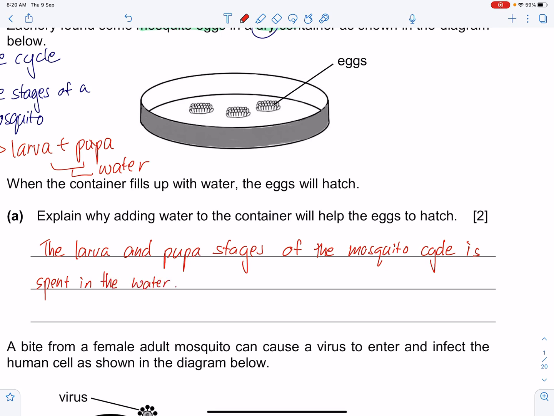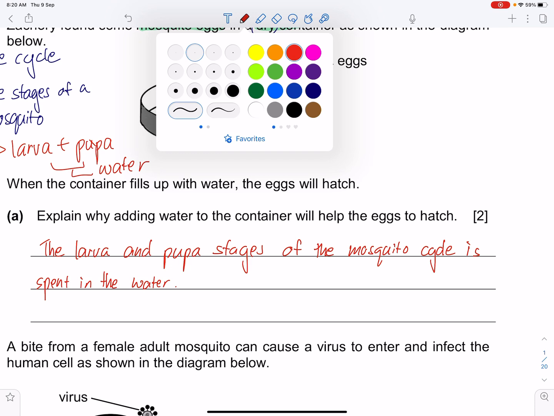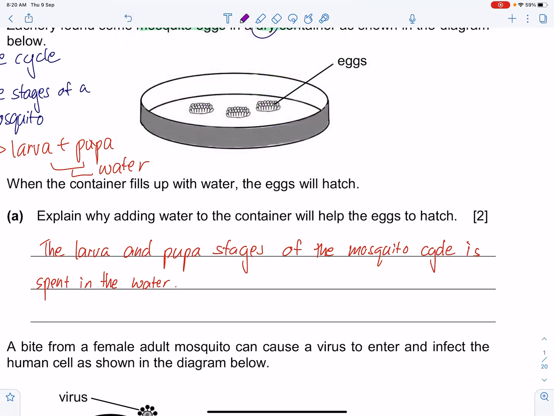And then where does your second marking point come in? The second marking point comes in when you tell me that, hence without water to live in, the larva and pupa will die. So you have to tell me the consequence.